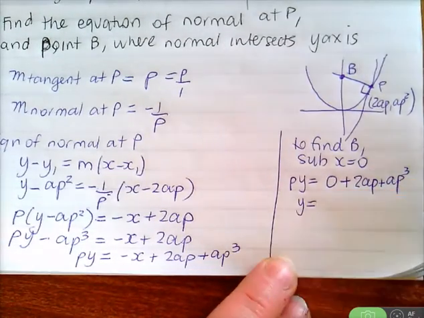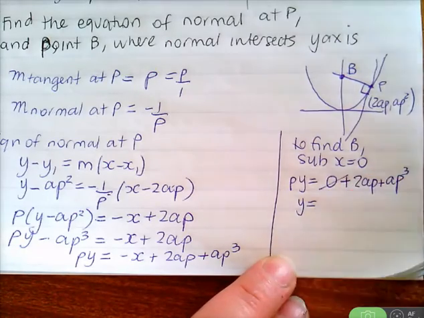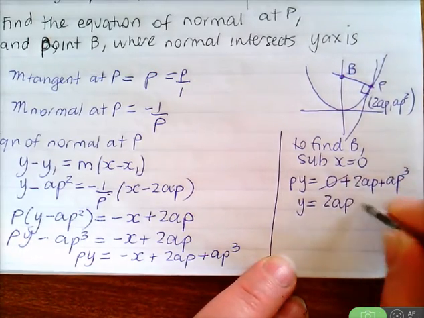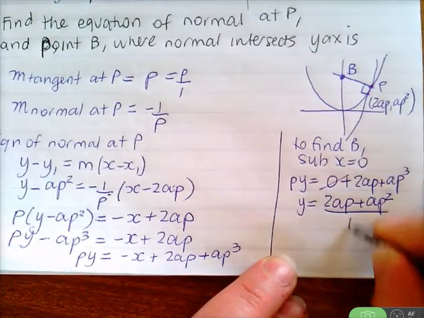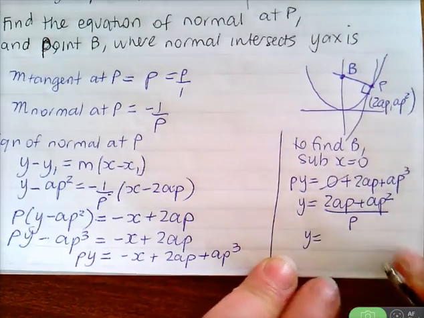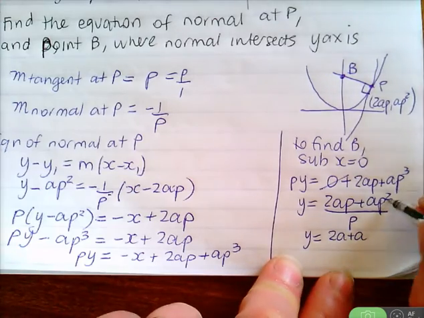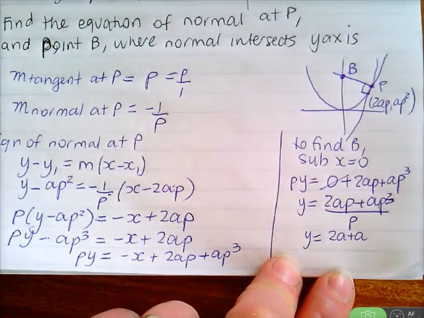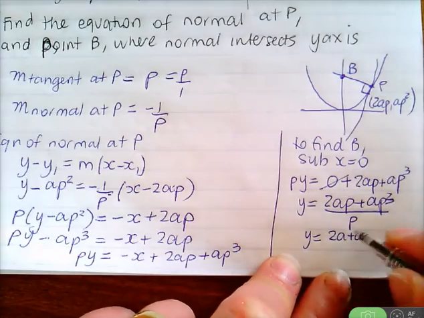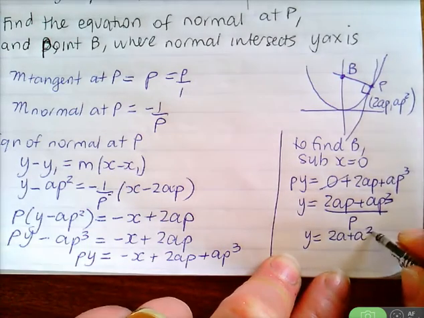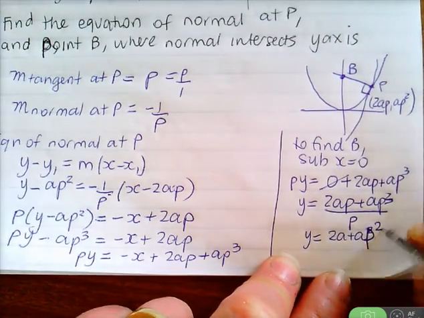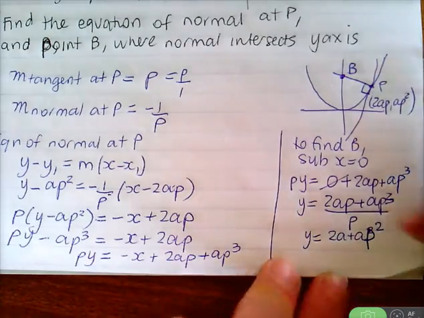So isn't Y just 2AP plus AP cubed over P, which is 2A plus AP squared. So that's what B is.